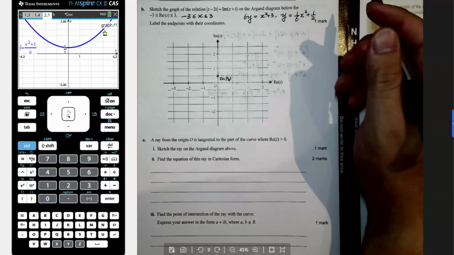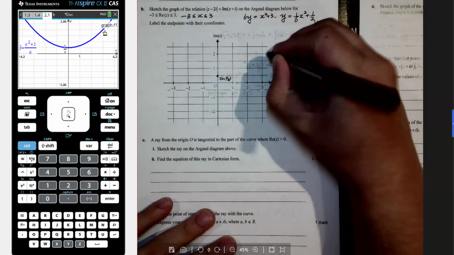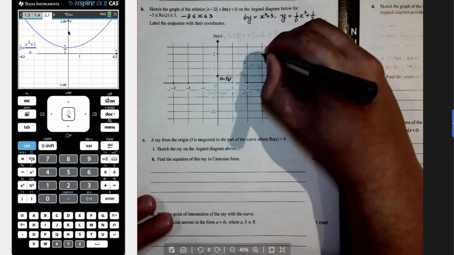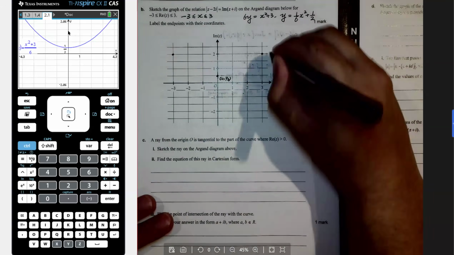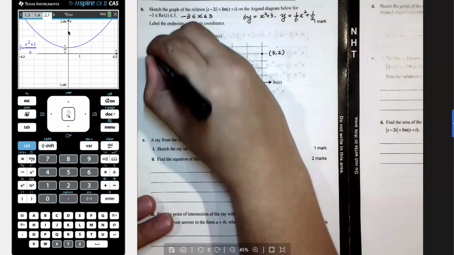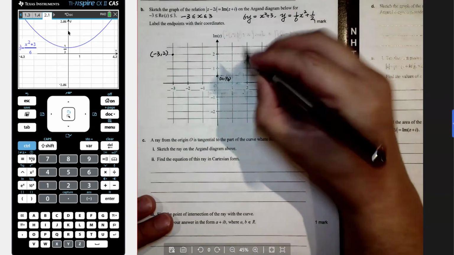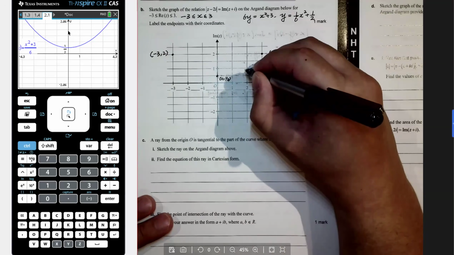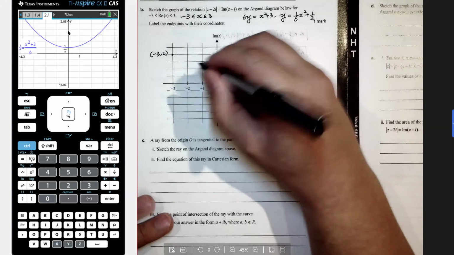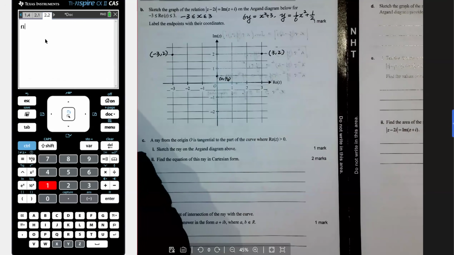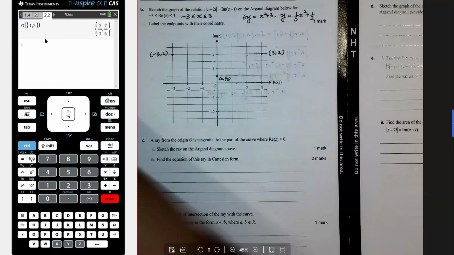So let me have a look. This is a half, so that's 1, 1.5, 2. So we get a point here and a point here, (3, 2) and (-3, 2). I might want to calculate a couple of extra values, say 1, 2/3, and 7/6.